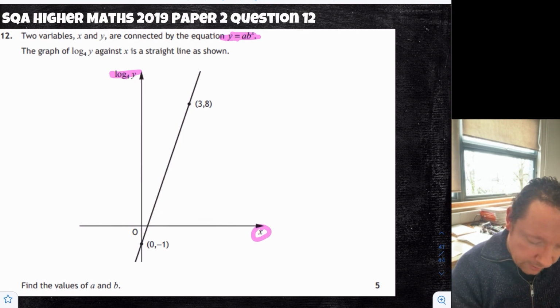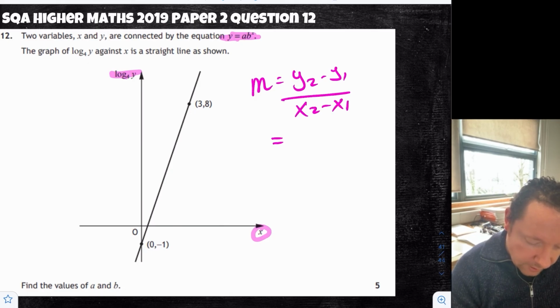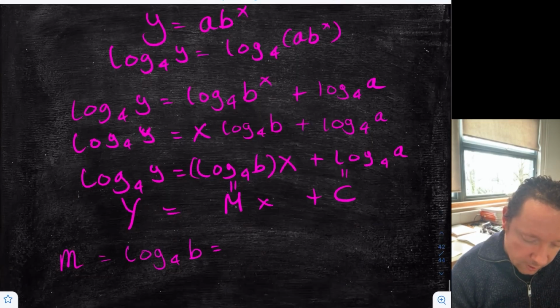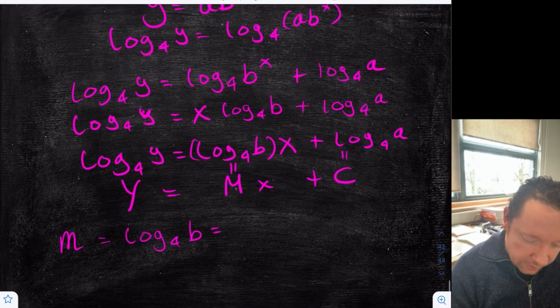So our gradient is equal to y2 minus y1 over x2 minus x1. So that's 8 minus minus 1 over 3 minus 0. That's 9 over 3, which is 3. So we know our gradient's 3. So log base 4b equals 3. Remember, that means that 4 to the power of 3 equals b.